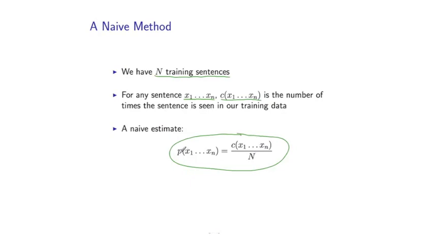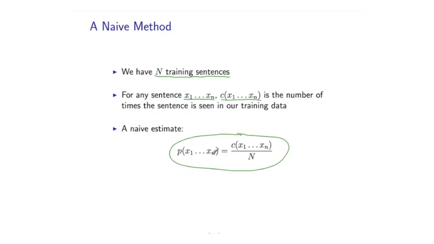You can verify that p is always greater than or equal to 0. And also, if you sum over all sentences, p will sum to 1. It's a perfectly well-formed language model. But it has some very clear deficiencies. Most importantly, it will assign probability 0 to any sentence not seen in our training sample.